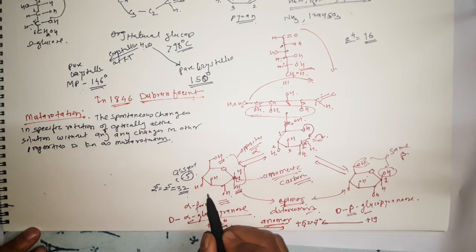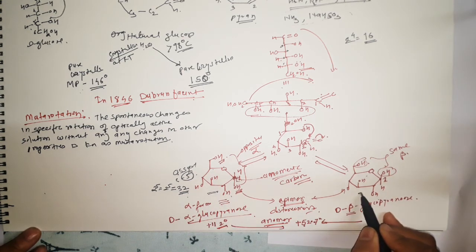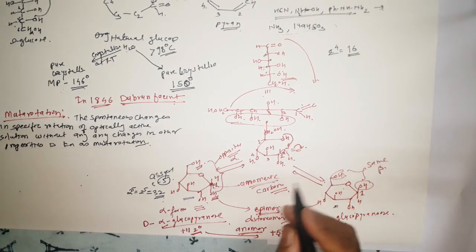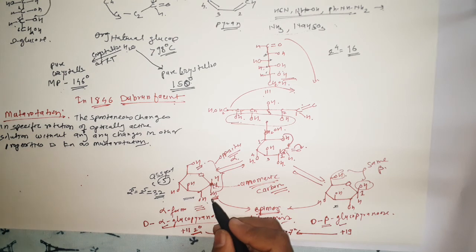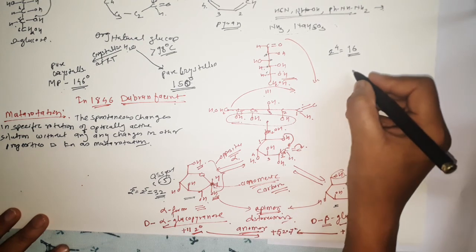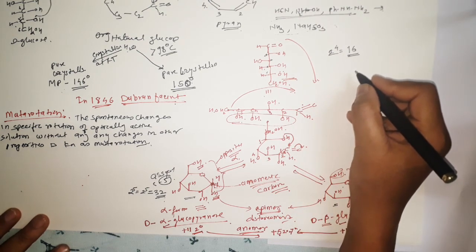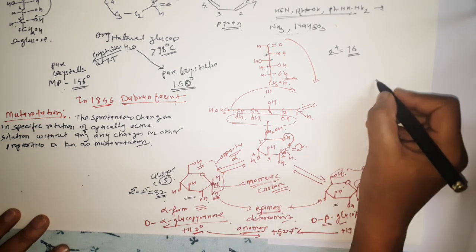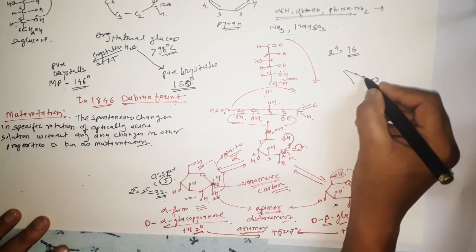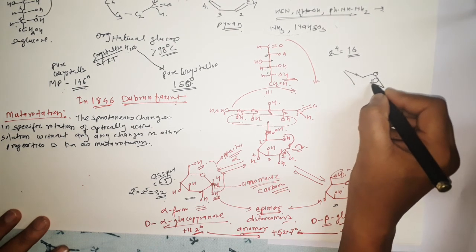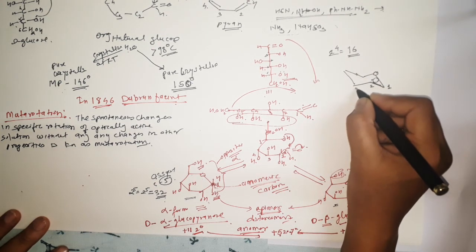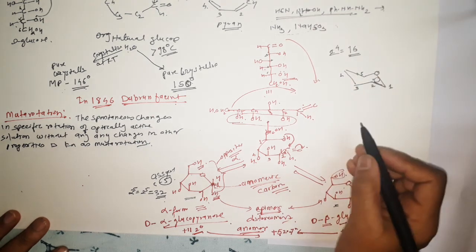Now, we can write both cyclic Haworth projections into a chair conformation. So, how do we write it in chair conformation? This is the oxygen, this is C1 carbon, C2, C3, C4, C5.